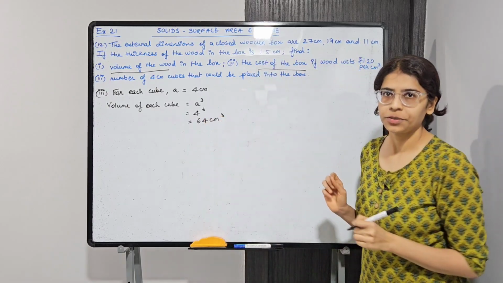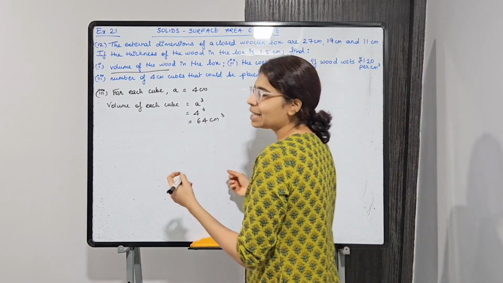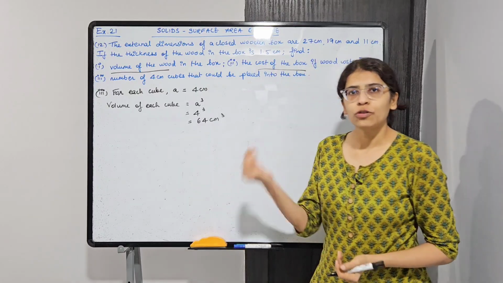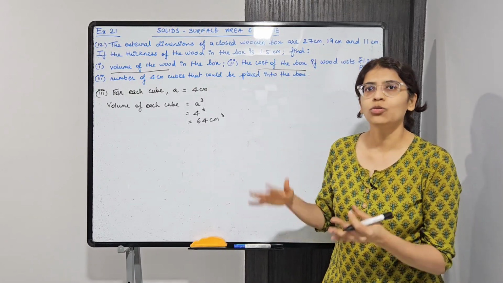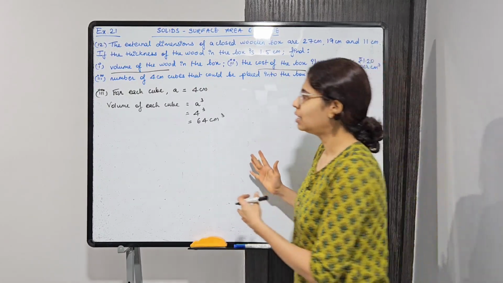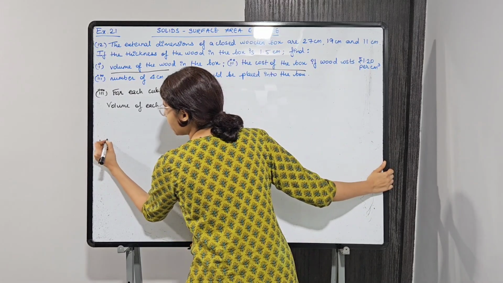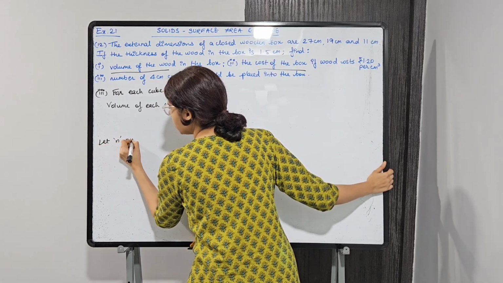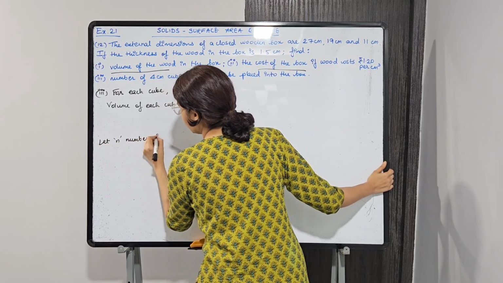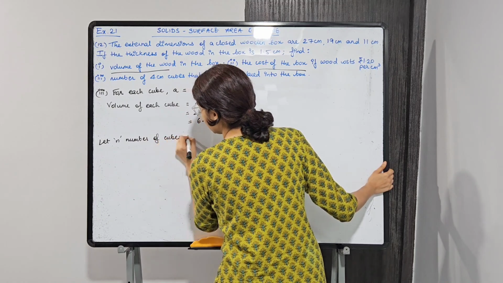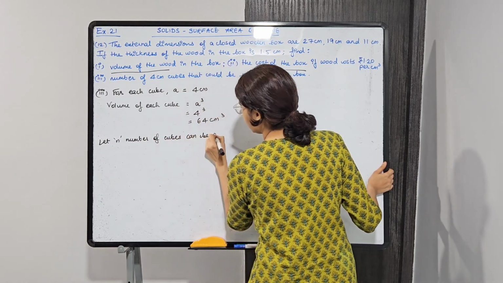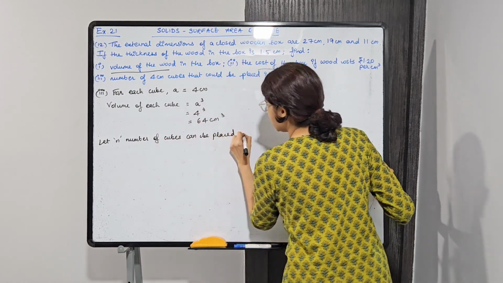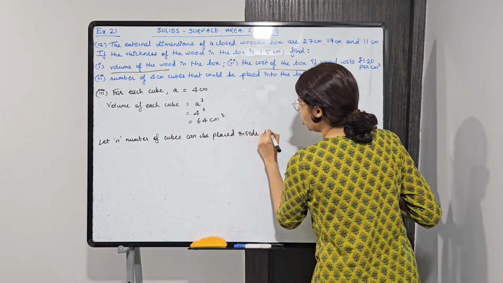Don't forget the unit. Now let's say that n number of cubes are required to place inside the box, ठीक है। So let n number of cubes can be placed inside the wooden box.